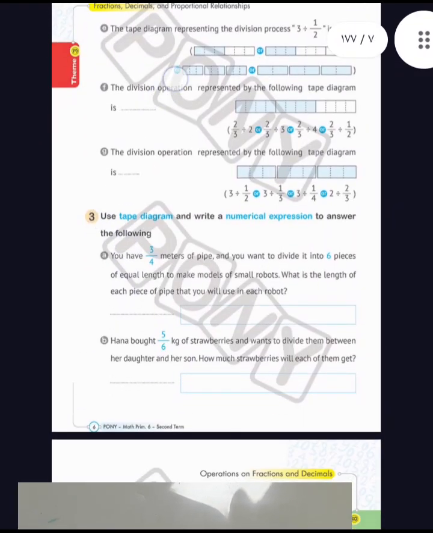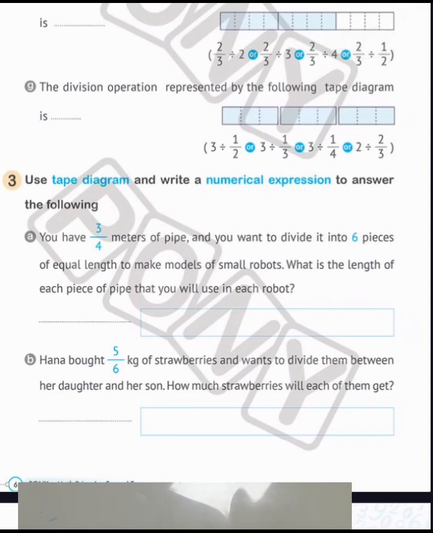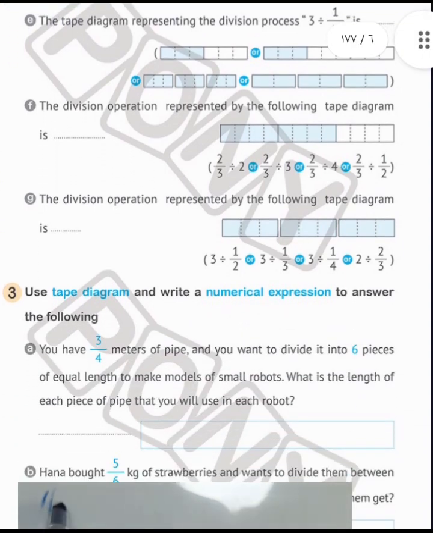Question number 2. This example refers to what? We have 3 parts colored. Now we will solve letter E. Okay, letter E. Okay, letter F. Now we will solve letter F. Letter F, how many tab diagrams does he give us here?